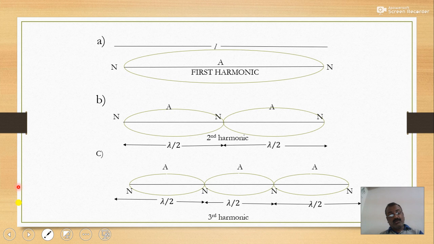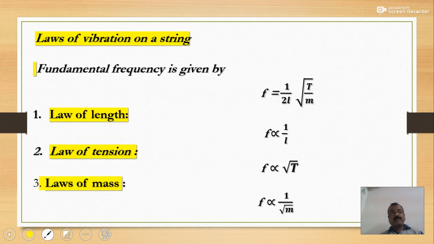They may ask a question like this: write the laws of vibration of a string. To write the laws of vibration of a string, let us consider the fundamental frequency f = 1/2L times the square root of T by m. The first law is known as the law of length.